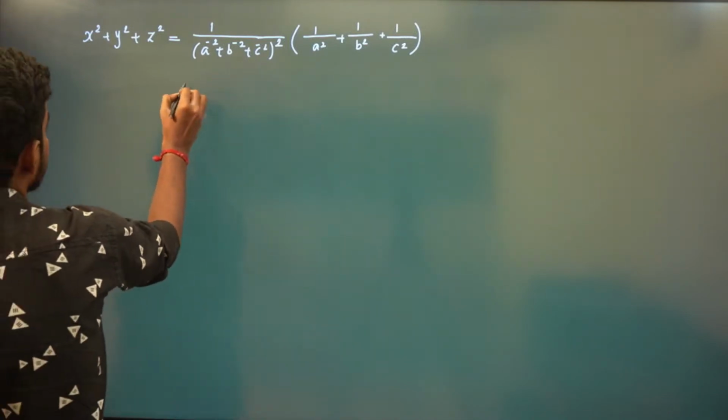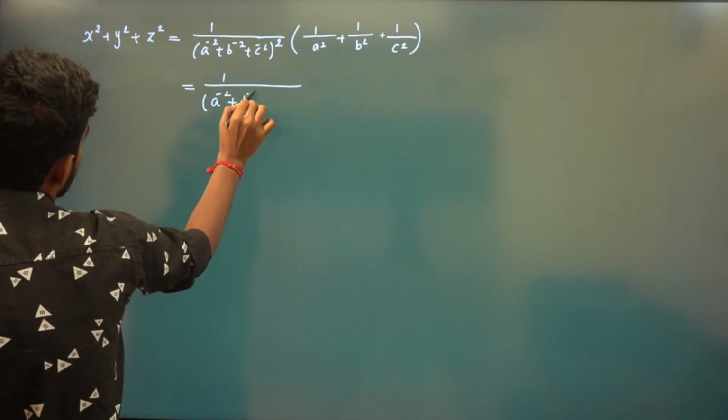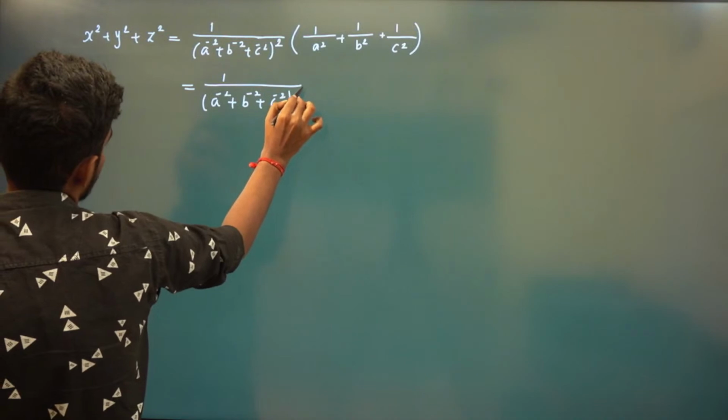Now what you can do is you can take LCM, I think. So you can take LCM and you can easily prove this, right? So we have a power minus 2 plus b power minus 2 plus c power minus 2 divided by... let us write this as 1 divided by a power minus 2, b power minus 2, c power minus 2 whole square.